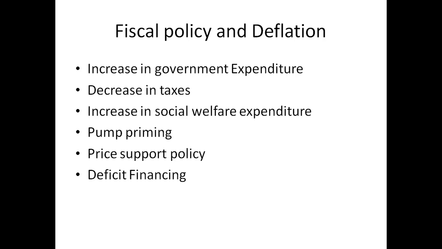Government fixes the price for the product and purchases the goods at that fixed price, for example wheat, etc. Then we have deficit financing. Again, government can help to increase the aggregate demand by deficit financing, borrowing from the central bank of the country, that is RBI.